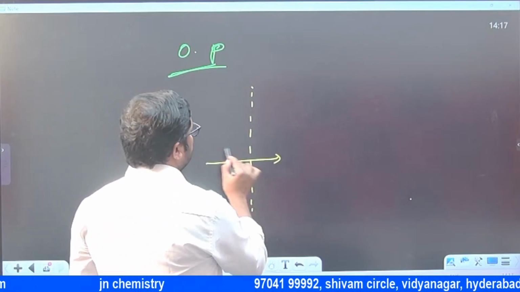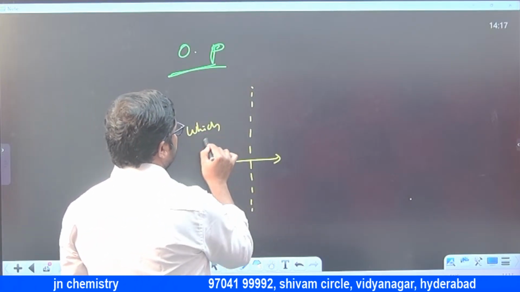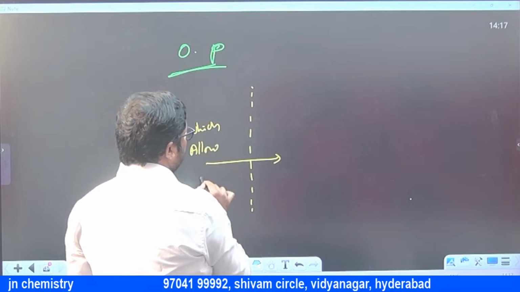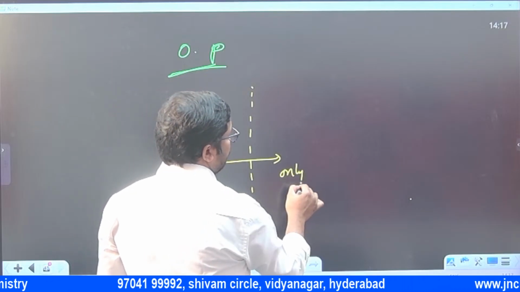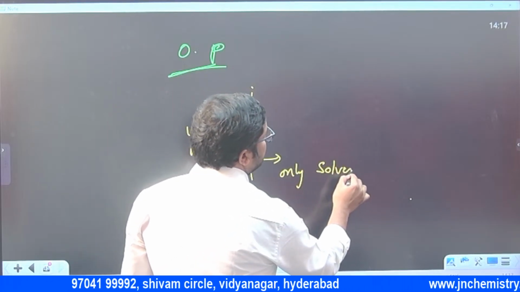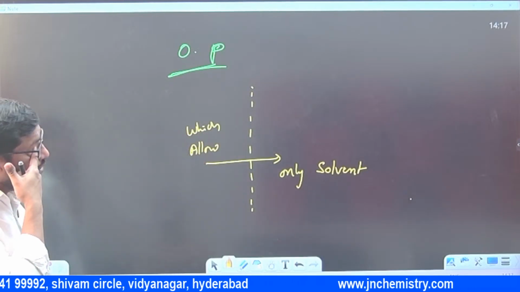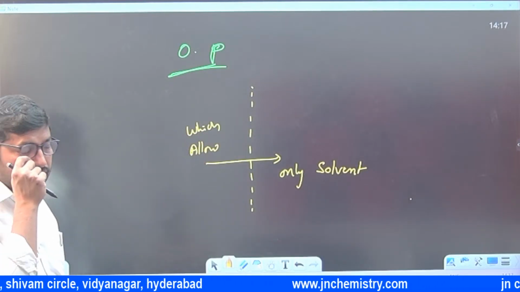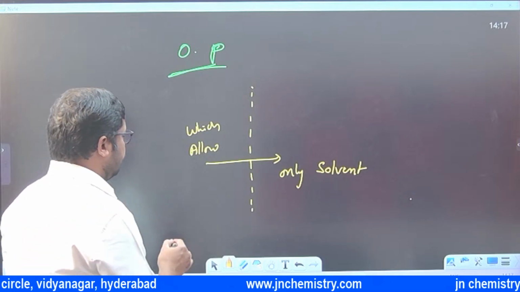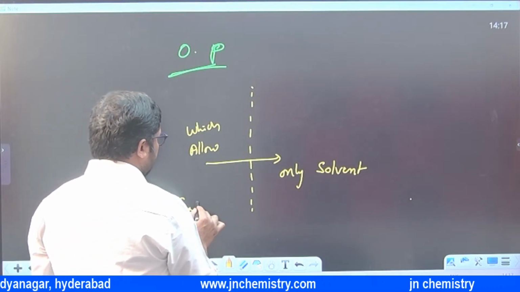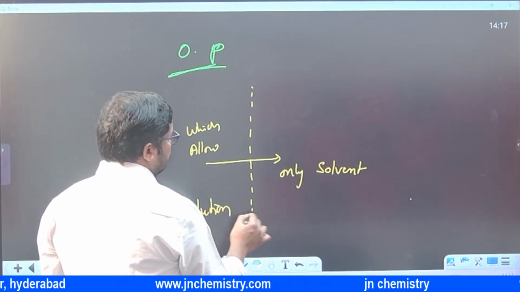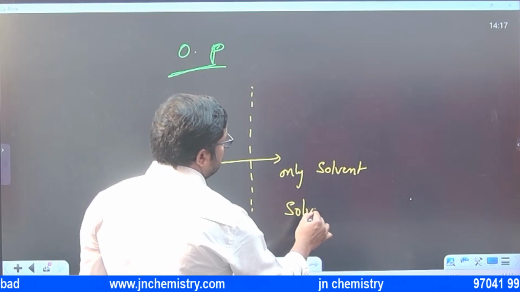Write it down. Which allows only solvent. For example, here is solution, here is solvent.